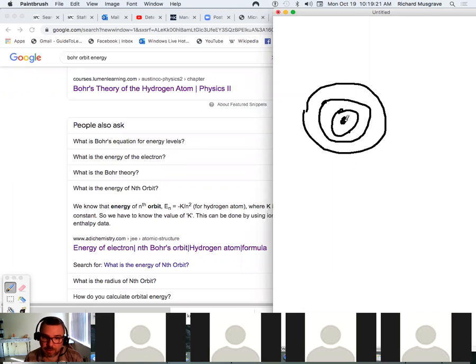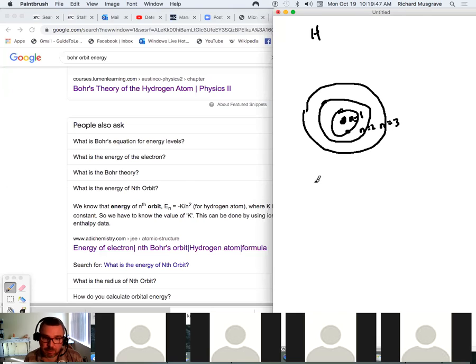Now this is hydrogen that we're talking about here, so it's just got that one proton and one electron. So this would be n equals 1, this will be n equals 2, this will be n equals 3. And it just represents the different energy levels that the electron that's around hydrogen could possibly be in.